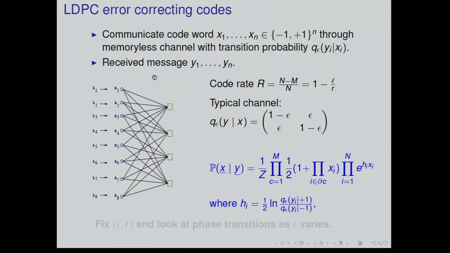So these are modulo 2 sums in the 0-1 language of the bits that are connected here. And in the language of plus-minus 1, in fact, the constraint that you enforce is that the product of the, I'll call them spins, of the spins that enter in the parity check should be equal to +1. So this model here, you can view it as a spin system. When you do inference, you want to decode according to the, say you want to decode according to the MAP optimal estimator.